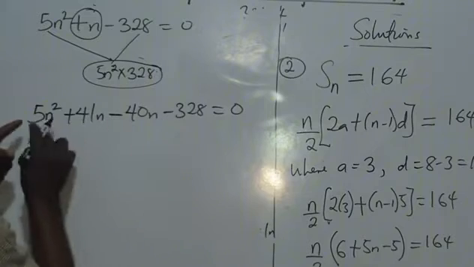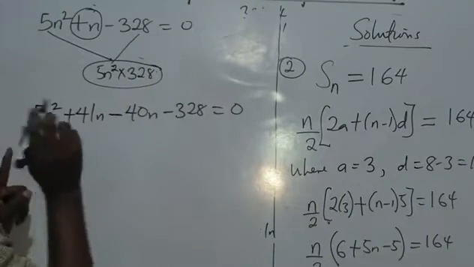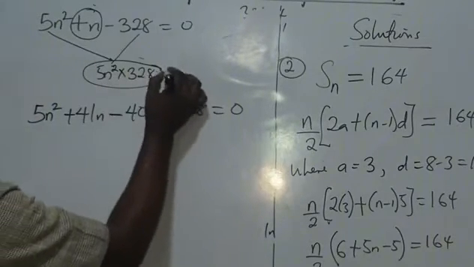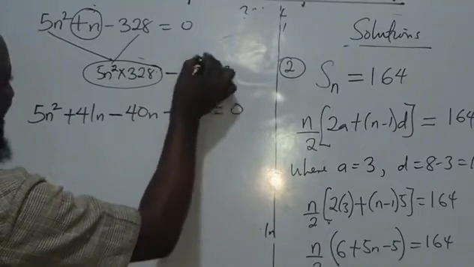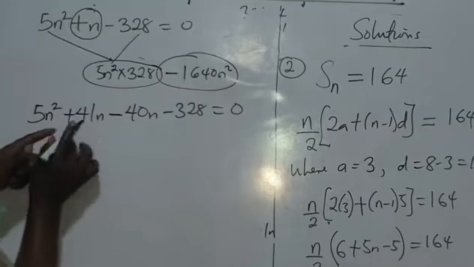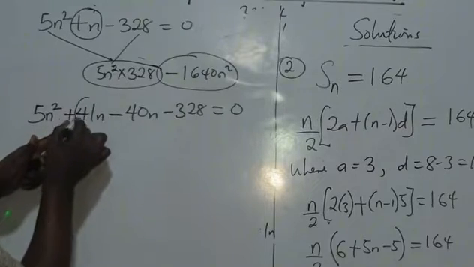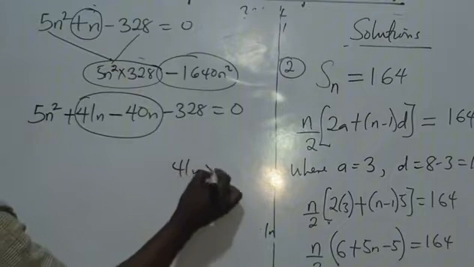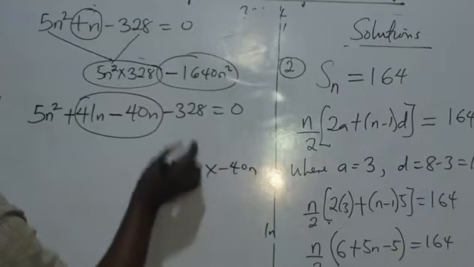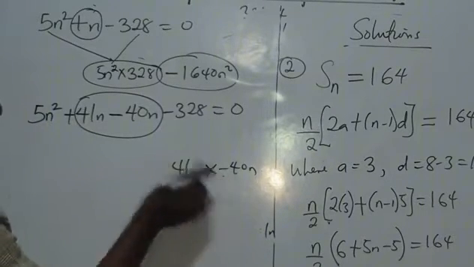You notice that when you multiply this by this, it's going to give us minus 1640n squared. So that means this one also will give us what? Negative. When we multiply 41n times minus 40n, it will give us negative because of this negative. Take note of that.